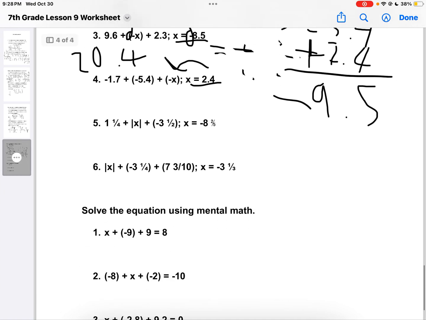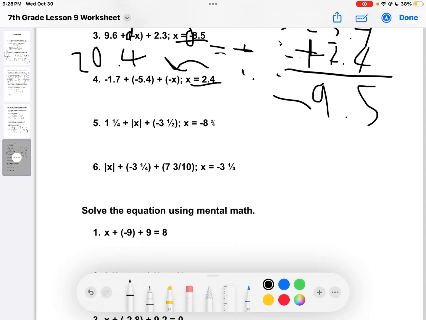Number 5. 1 1/4 plus x plus absolute value of x plus negative 3 1/2. So absolute value always means the number inside of it will be positive. So in this case, it will be positive 8 2/5. And with fractions, we just turn them into the same denominators.